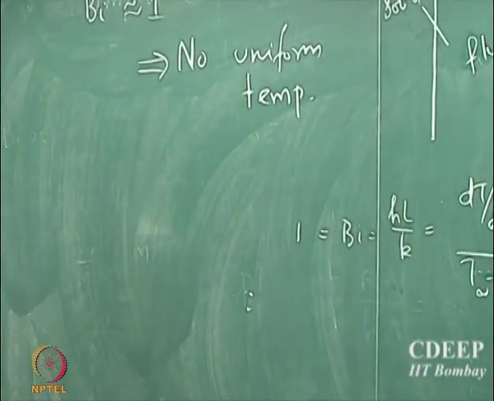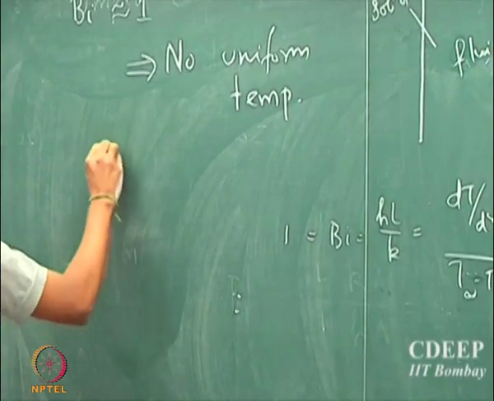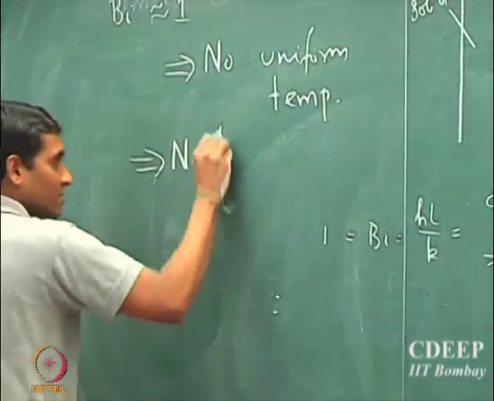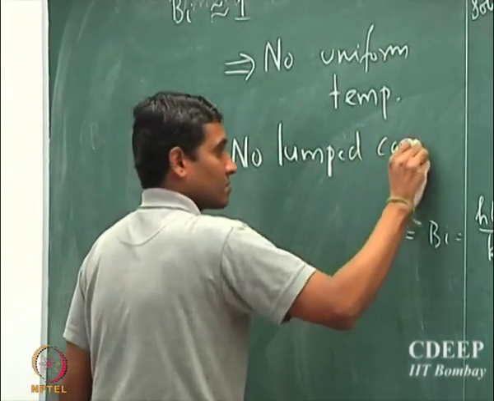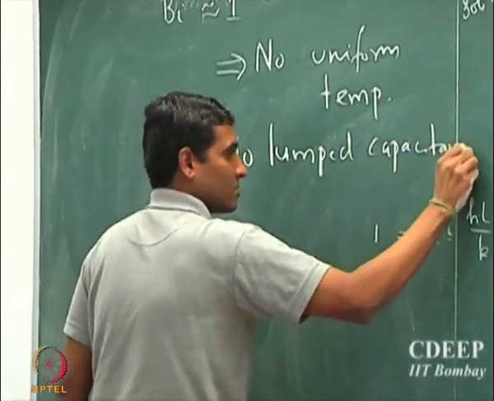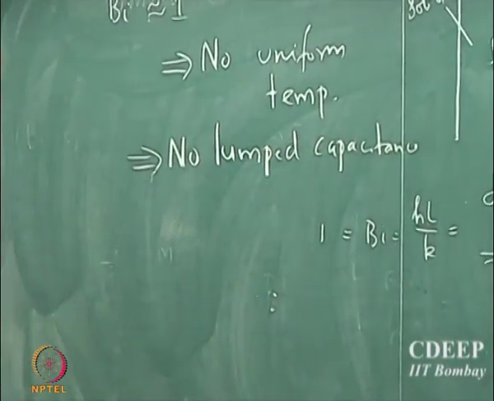You cannot assume uniform temperature inside the solid. So which means you cannot use the lumped capacitance method. No lumped capacitance method is permitted when Biot number is almost equal to 1.